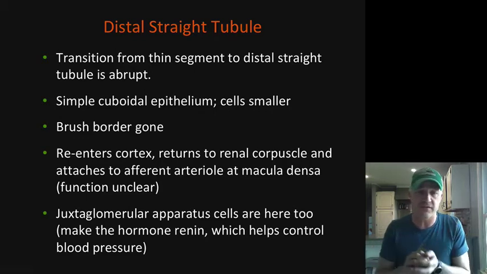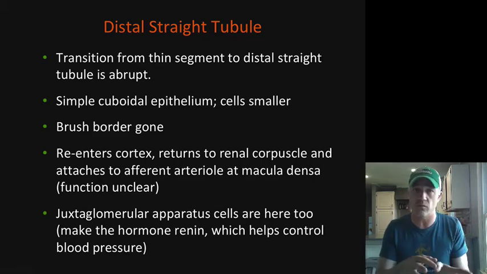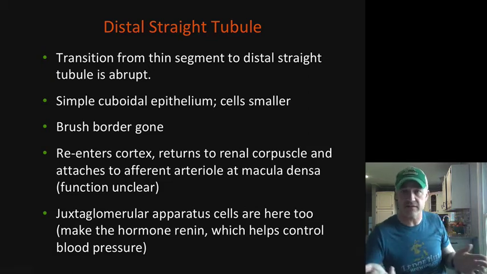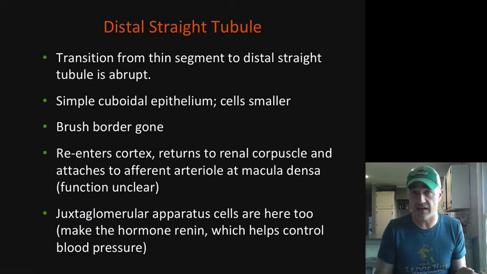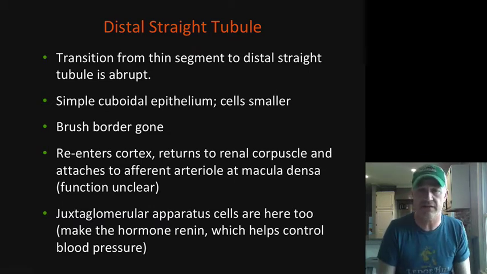It's called the juxtaglomerular apparatus. It does a lot of regulation in terms of urine formation and monitoring what's in that urine, making sure that the filtration rates are good. Again, something I don't want to go into in histology because this is much more of an A&P topic in terms of the physiology of that.